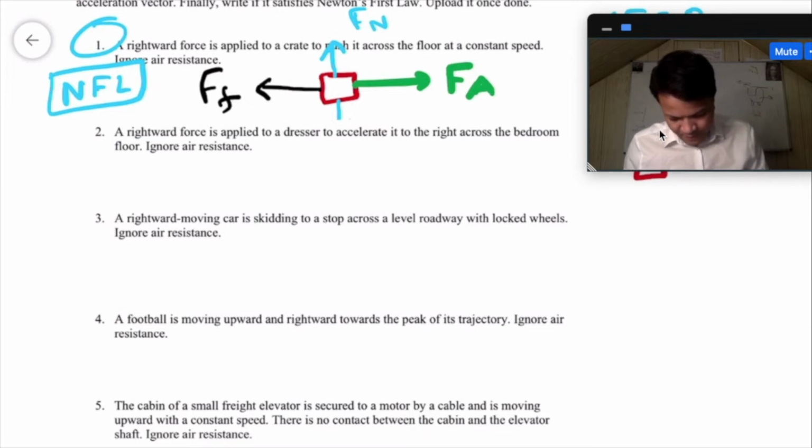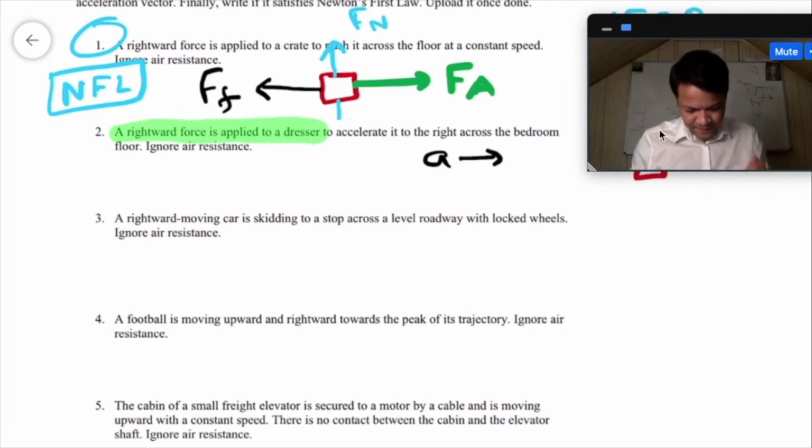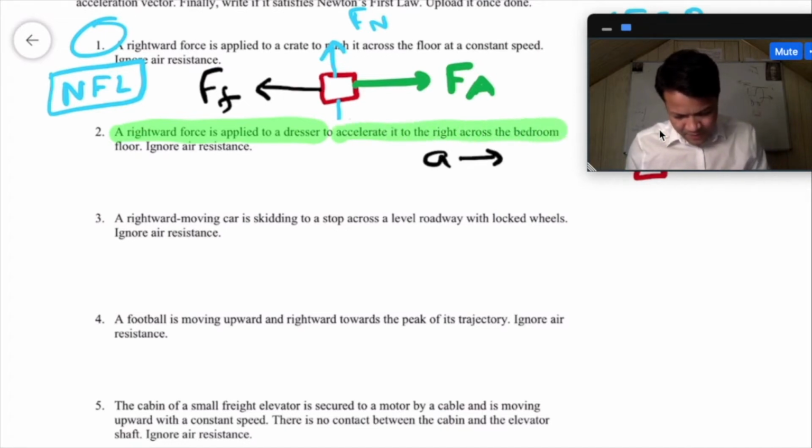A rightward force is applied to a dresser to accelerate to the right. So this box is accelerating to the right direction across the bedroom floor. So acceleration is right. Velocity is also right. It's moving to the right.